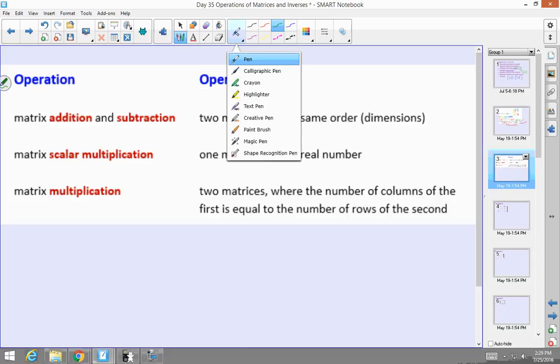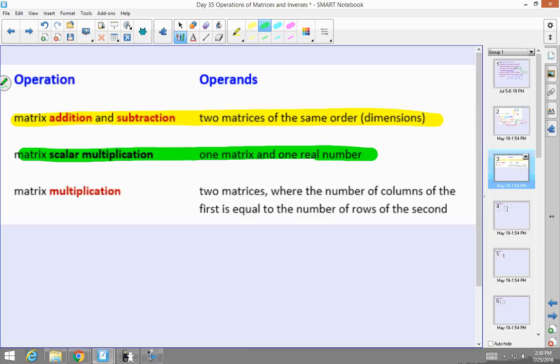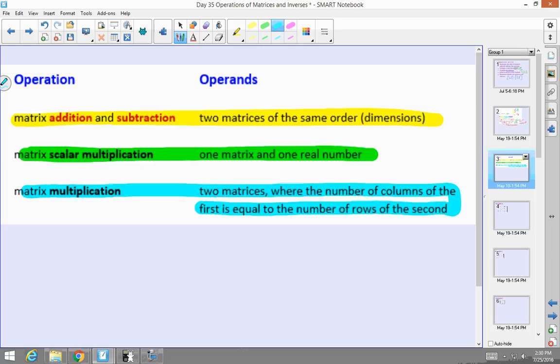Throughout my examples, I'm going to keep it highlighted as yellow when I'm doing the adding and subtracting part. We'll go green for the scalar multiplication, and blue for the matrix multiplication. So you can refer back to these notes, which I'll post online as well.